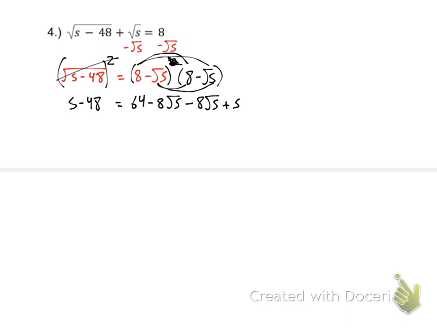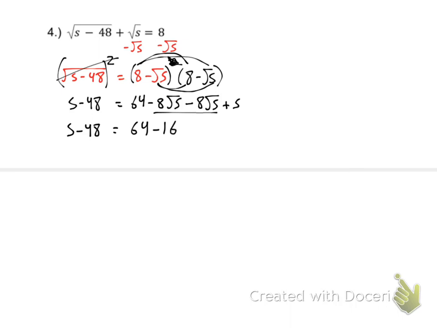I'm not going to do anything on the left-hand side for now. I'll just simplify. Can 64 be added to anything? I don't think so. That's not a 5, that's an s. What's negative 8 square root of s minus another 8 of them? How many do you have total here? 16.